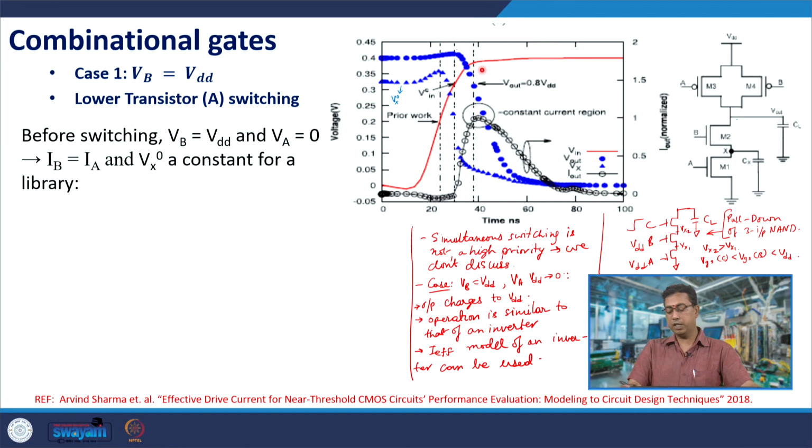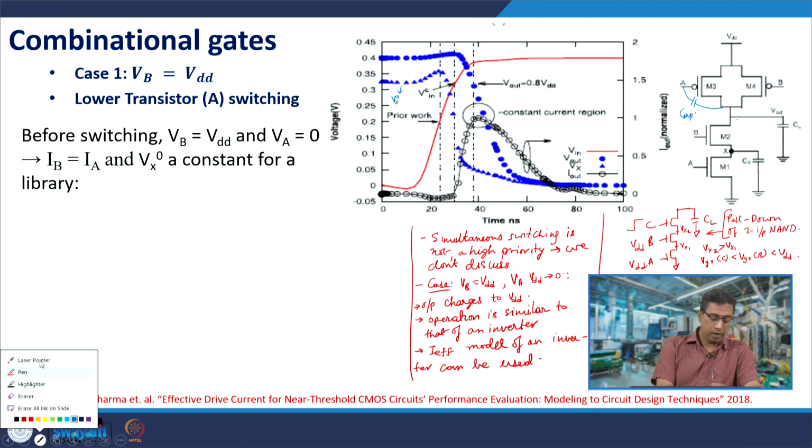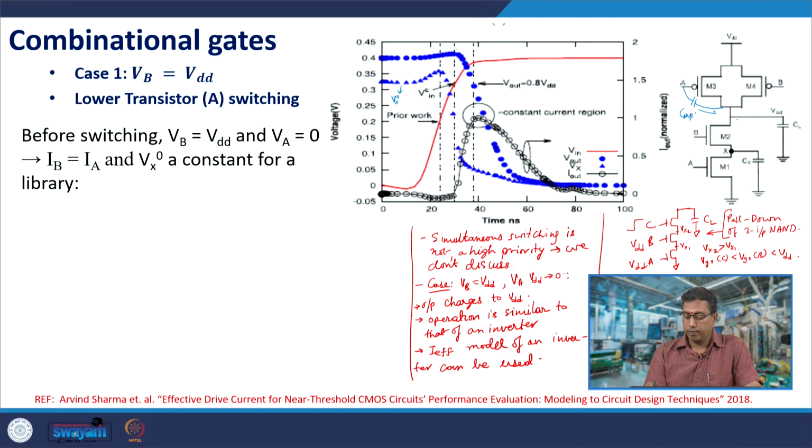Immediately after Vx begins to discharge, why does the drain of M2, the output node, not start to discharge? That is because, as node A is charging high, there is a coupling capacitance between node A and the output node. So, this coupling capacitance would result in a charging current, a current charging the output node.